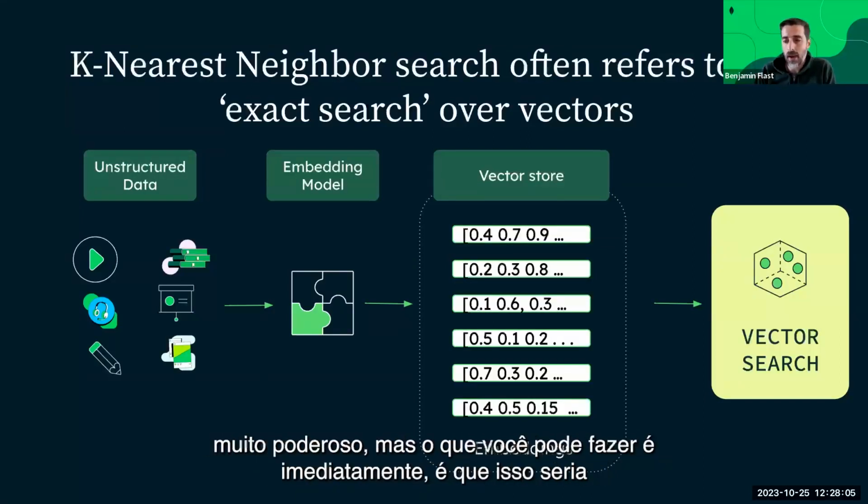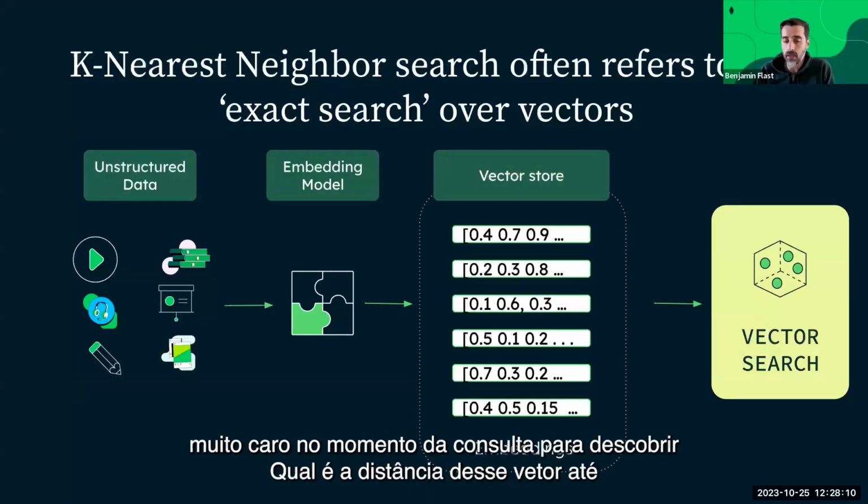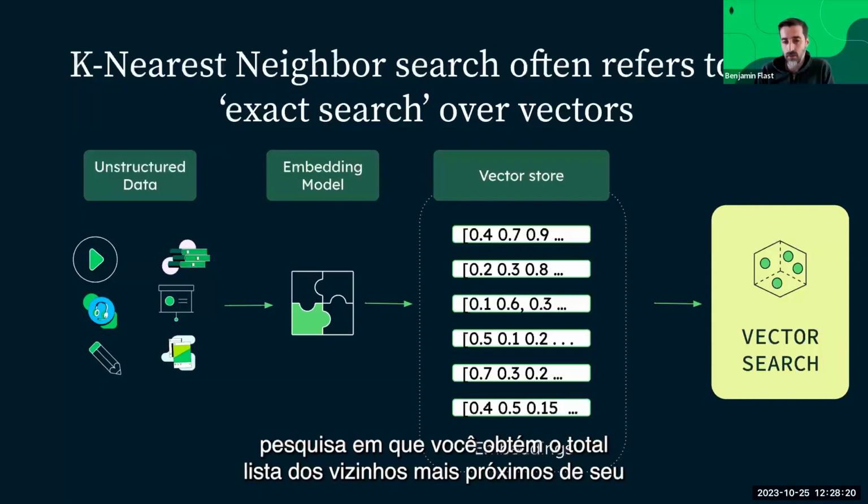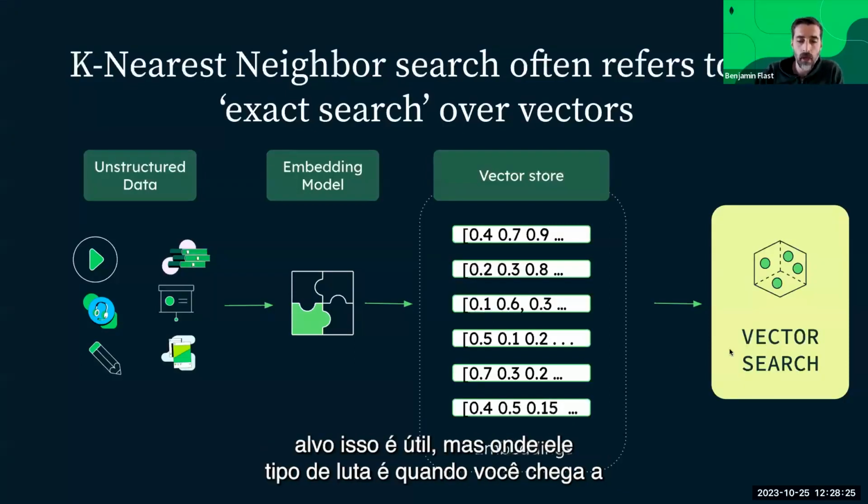Now, that's very powerful. But what you might immediately think is that that would be very costly at query time, figuring out the distance from this vector to every vector in my store. And this is what we mean when we talk about exact search, where you get the total list of nearest neighbors to your target. This is useful, but where it struggles is when you get to scale.